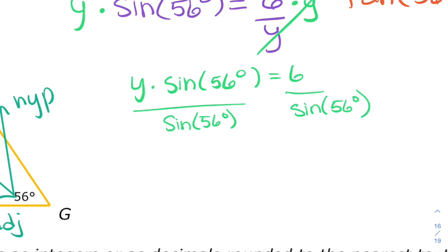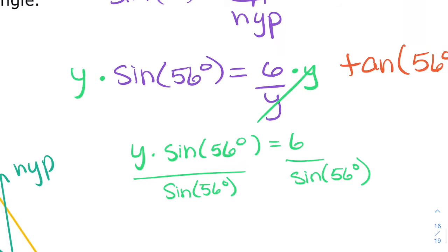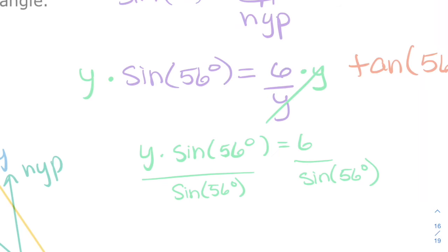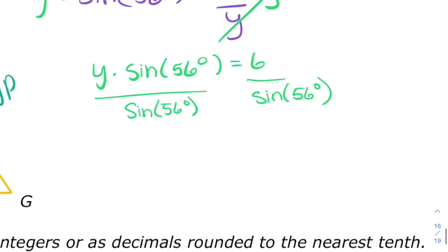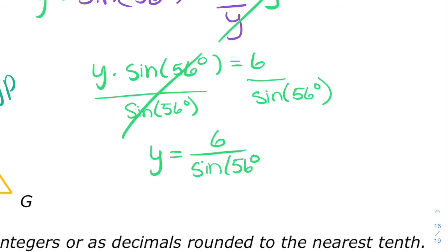You could have just switched these two if you wanted, because one's in a numerator, one's in a denominator. Or you can multiply both sides by y, and then you'll have to divide this one back out. Either way, you get y equals 6 over sine of 56 degrees.